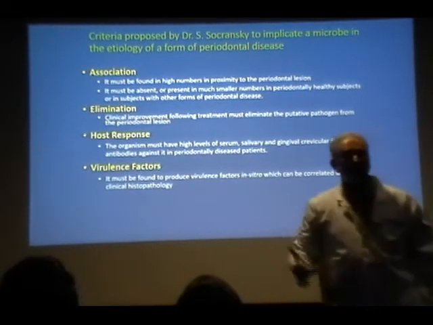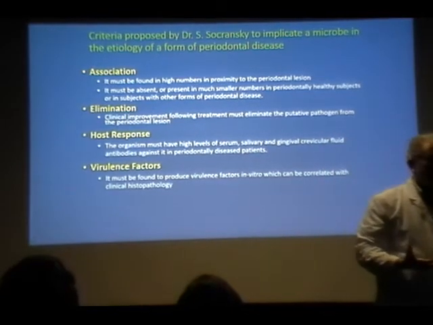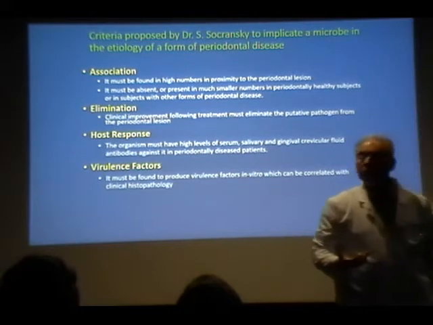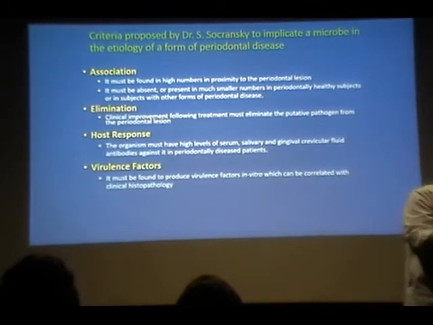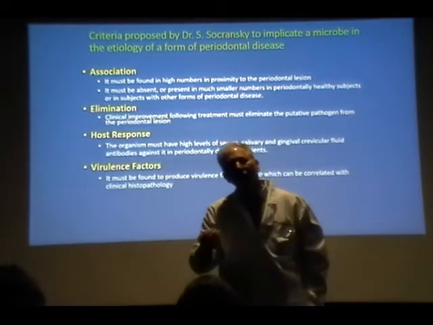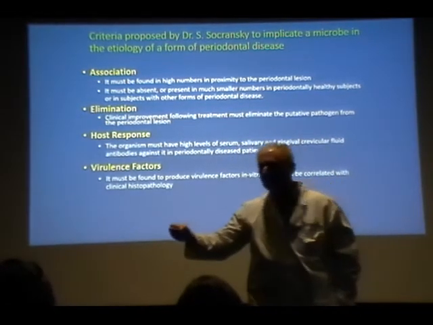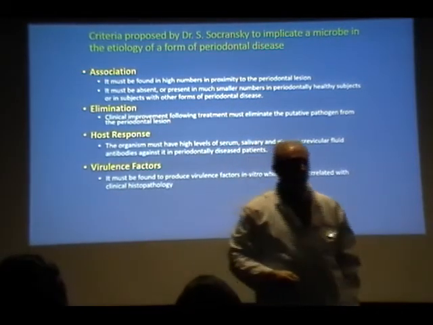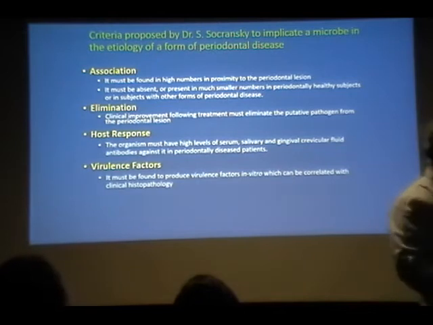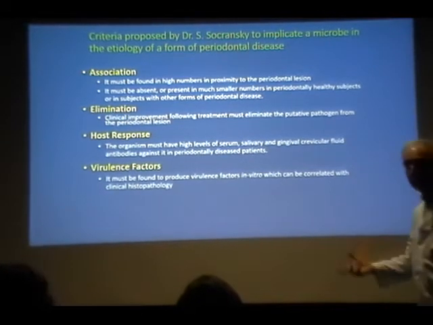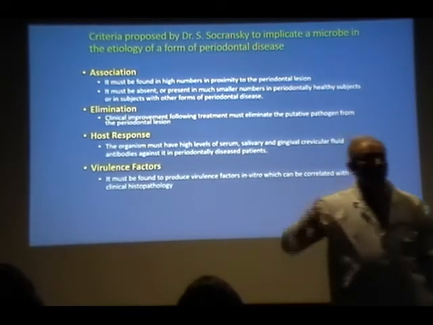You're seeing death of cells, right? You're seeing inflammation. So the idea here is you isolate the organism and you start looking at, can this organism in vitro do the kinds of things that you're seeing histopathologically in the disease? Can it break down collagen? Can it break down elastin? Can it be inflammatory? Does it have an LPS that's effective in promoting inflammation? That's what that's about.